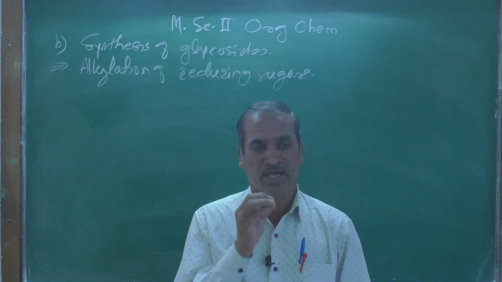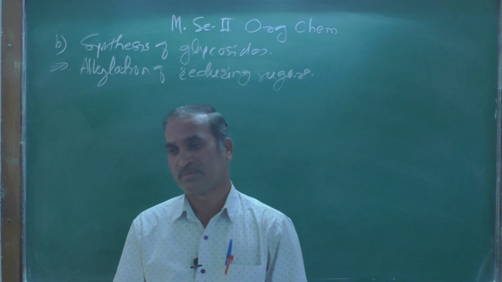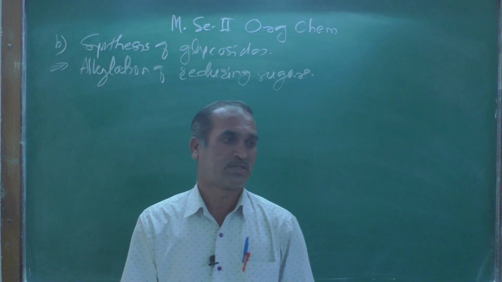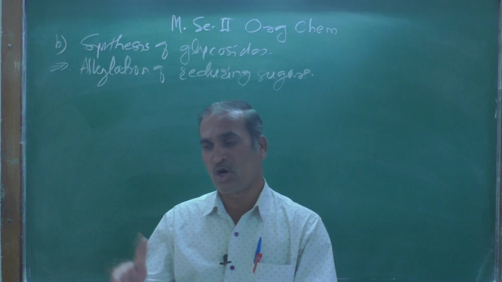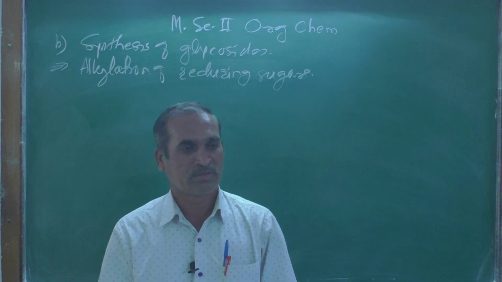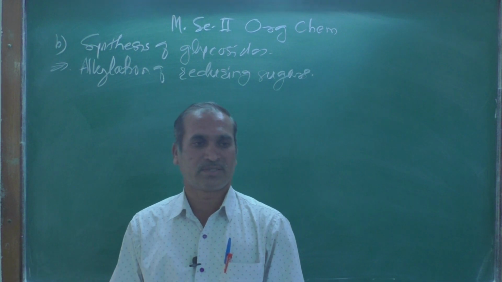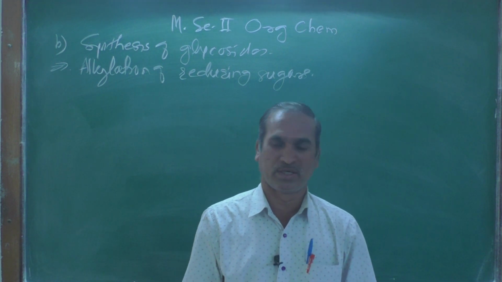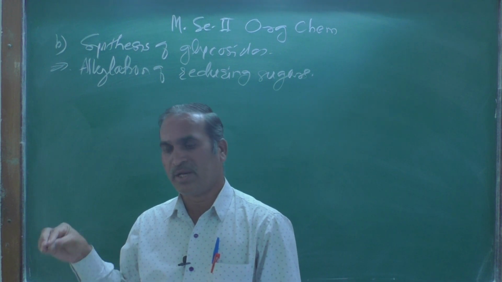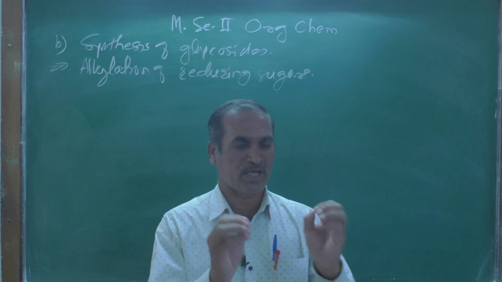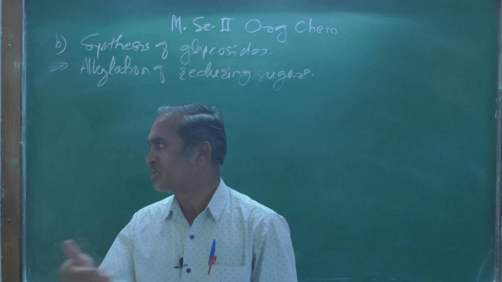Those that do not contain a hemiacetal structure in their compound do not give a positive Tollens' test or Fehling's solution test. Both tests come out negative, and therefore that type of structure is a non-reducing sugar.